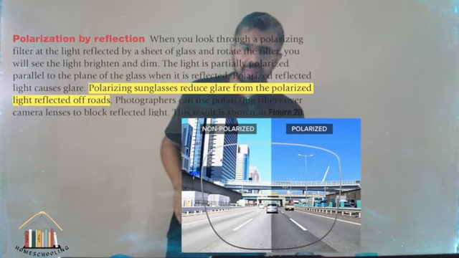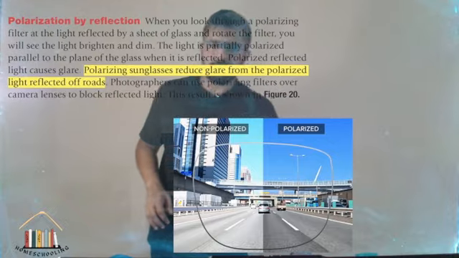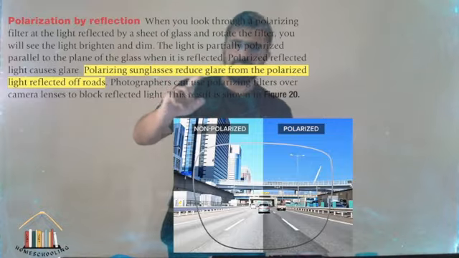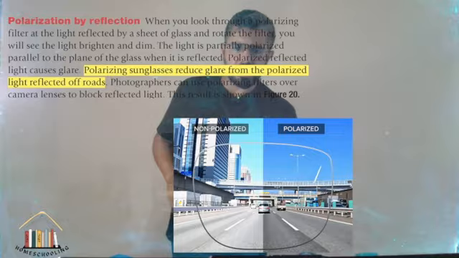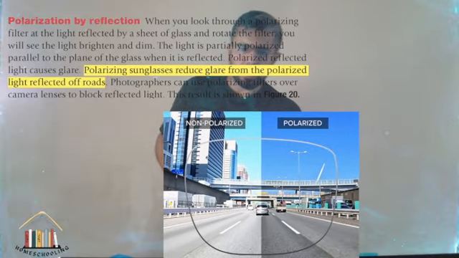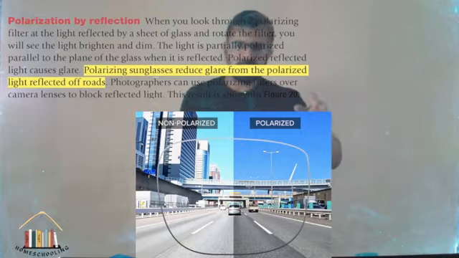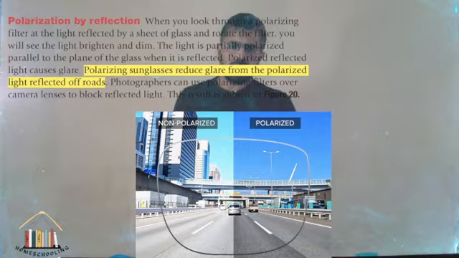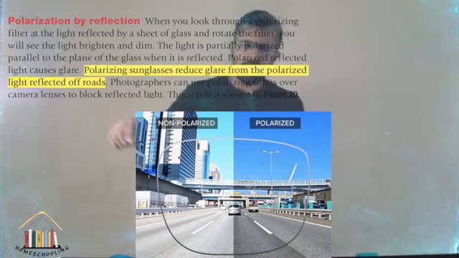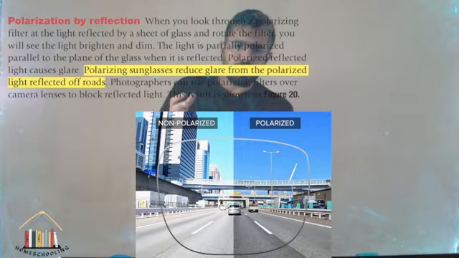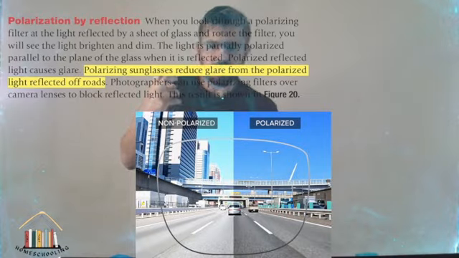This is another example: polarizing by reflection. Polarizing sunglasses, as discussed, reduce glare. As you see here, there's a difference between the polarized and non-polarized views. Of course, the polarized scene is more comfortable to our eye. However, the non-polarized one may cause a headache, because the eye is receiving more information. More light means more information.